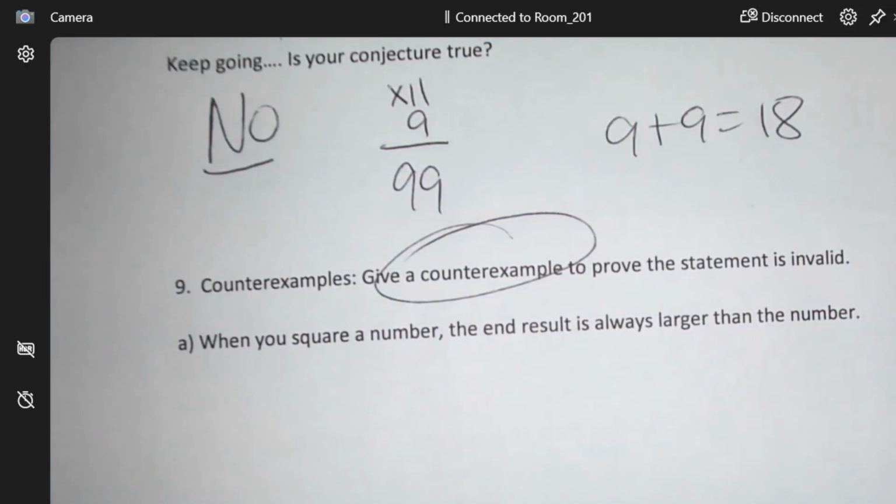Counter examples are when you show me something that disproves. So I said when you square a number, you're going to get a bigger number than where you started. That's not true. So you have to show me why. Can you square a number and then it doesn't get bigger? What do you got? What's that?